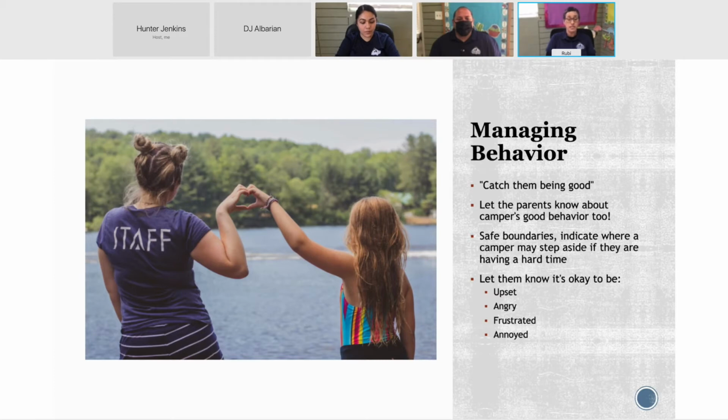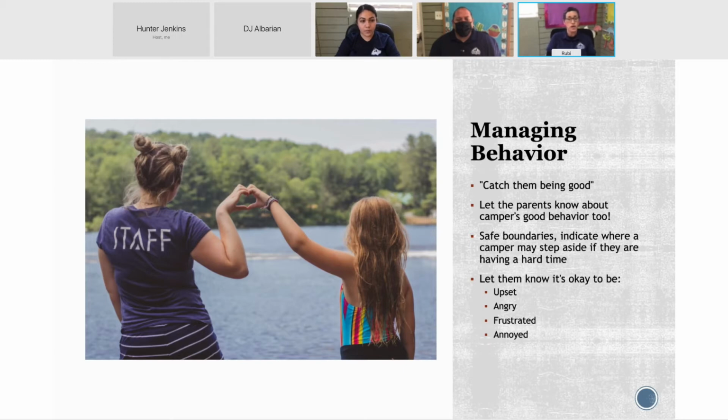Doing this can lead to having them change their behavior, change their mood, puts them in a happier mood. The same thing goes with parents. Sometimes we only talk to parents when their children are misbehaving. So when you see something that they've done good, make sure that you talk to the parents and let them know the good stuff too.